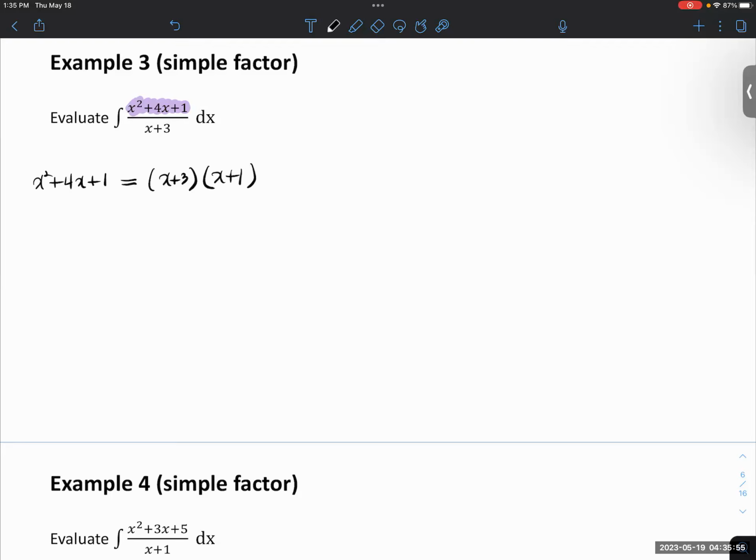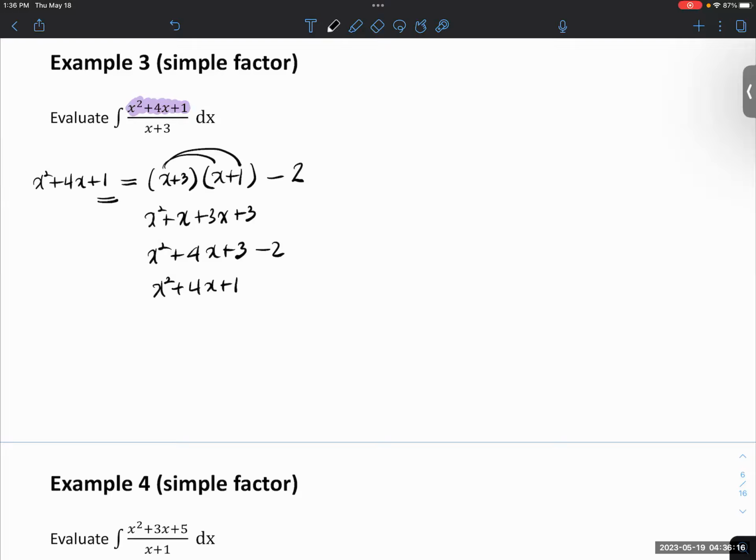If you do this, let's see what happens. x squared, x, 3x inside, and last, x squared plus 4x plus 3. But we have to get 1, so why don't you subtract 2? Then it's going to be x squared plus 4x plus 1, isn't it?